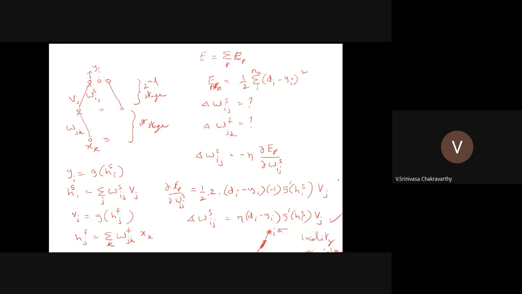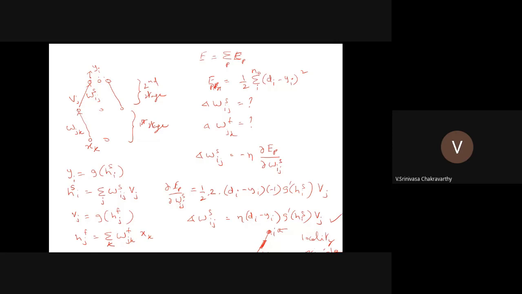What this is saying is, if you take a weight going from the jth hidden neuron to the ith output neuron, the update for that weight consists of di minus yi. Di is the desired output, yi is the actual output. Take the error between the two, times g prime of hi of s, times vj.